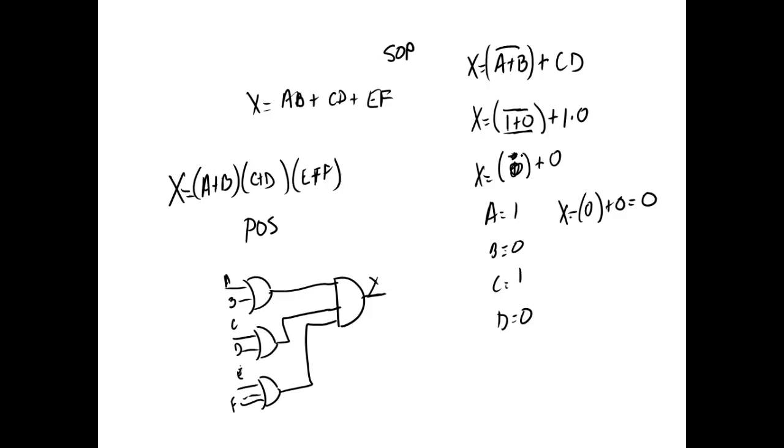How small you can make a circuit has a lot to do with how much profit you make, or you can sell it cheaper than your competitor. If you can make the same profit but sell it cheaper, then that's the name of the game. And that's what's really neat about Boolean algebra.